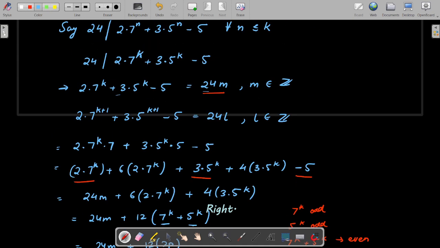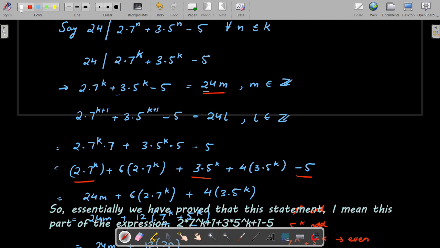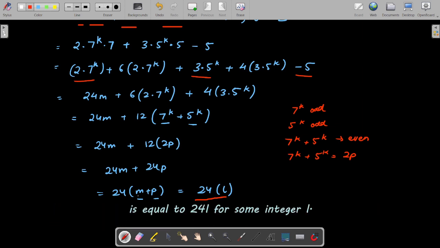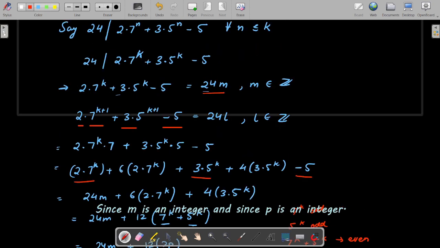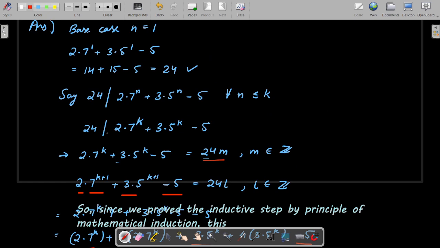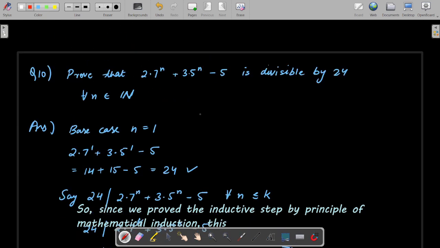So essentially we have proved that 2 into 7 power k plus 1 plus 3 into 5 power k plus 1 minus 5 is equal to 24l for some integer l, since m is an integer and since p is an integer. Since we proved the inductive step, by the principle of mathematical induction, this is true for all natural numbers n.